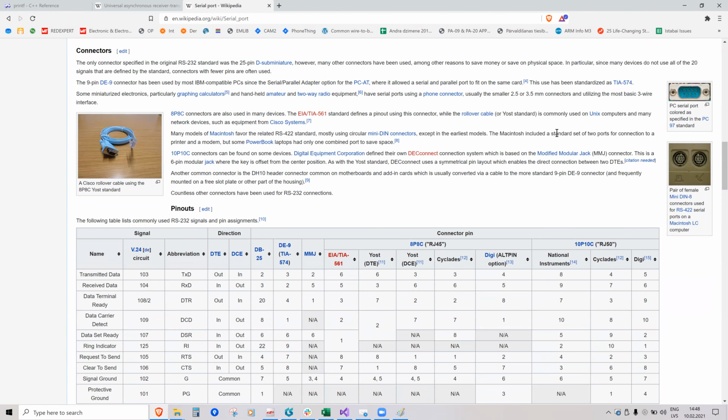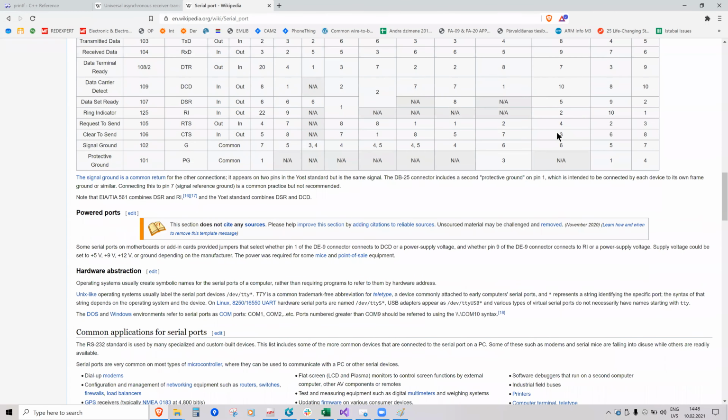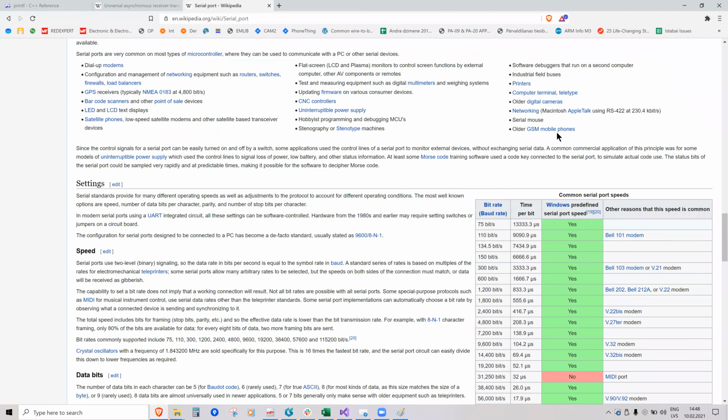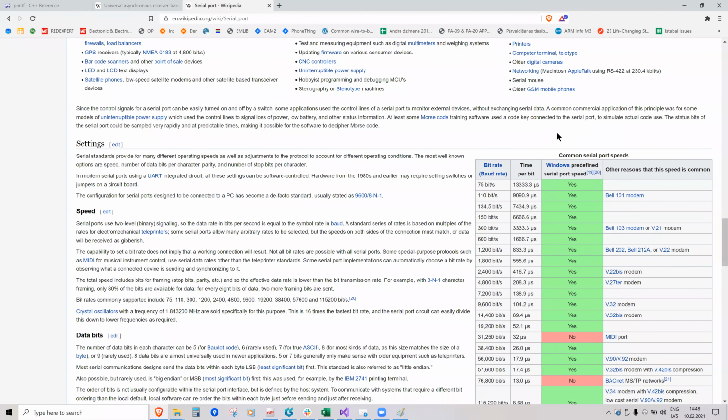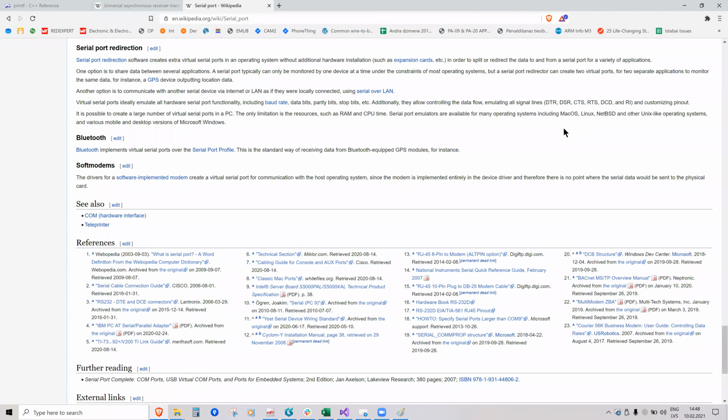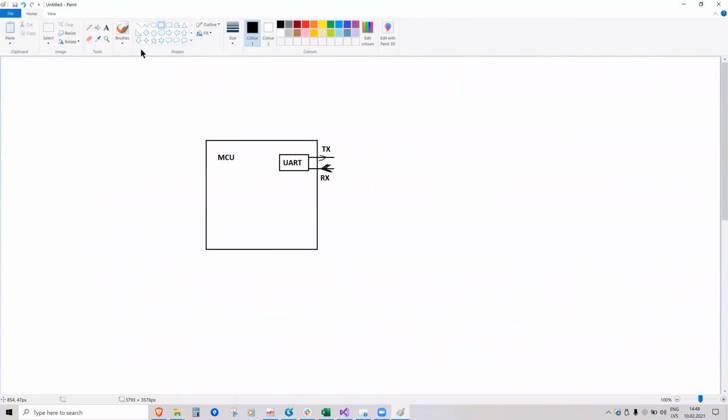Therefore, this direct connection would actually pose a risk of burning the microcontroller, right? But theoretically it would work.